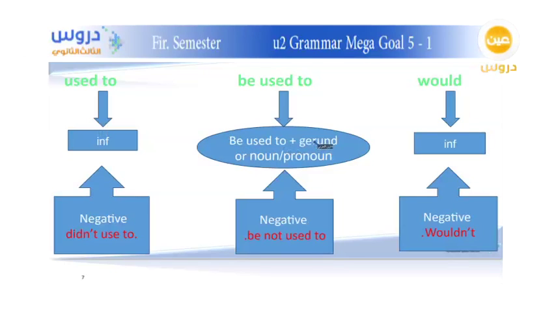So be used to plus a gerund, noun or pronoun, as in she is not used to shopping. And this is the negative way. Here also would is the same as used to, and here is the negative, would not.